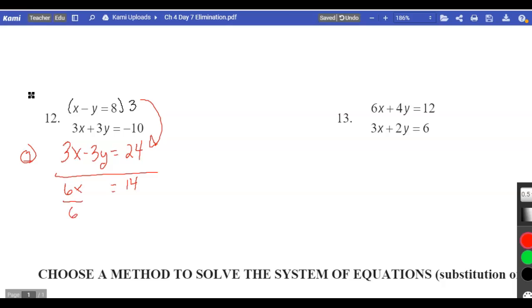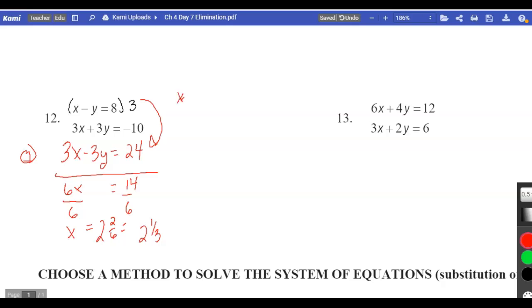Okay, now this is where, if you use a calculator, you gotta be careful, because if you get a repeating decimal, a lot of times in algebra, it's probably a fraction. So what happens here is when I divide this, I'm left with x equals 6 goes into 14 2 times, and 2 6's left over, which is really 1/3. So now that gets a little tricky. I come up here, and I go to plug that back into the first equation.